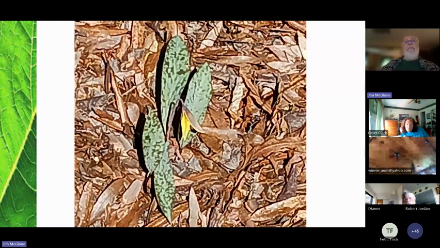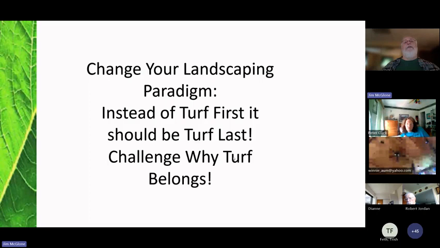So what I'm talking about here is changing your landscaping paradigm. Instead of saying turf first, it should be turf last. What I encourage you all to do when we get done this morning is go out in your yard, look at every square foot of turf and challenge it. Ask it, why are you there? What are you doing for me and for the world?